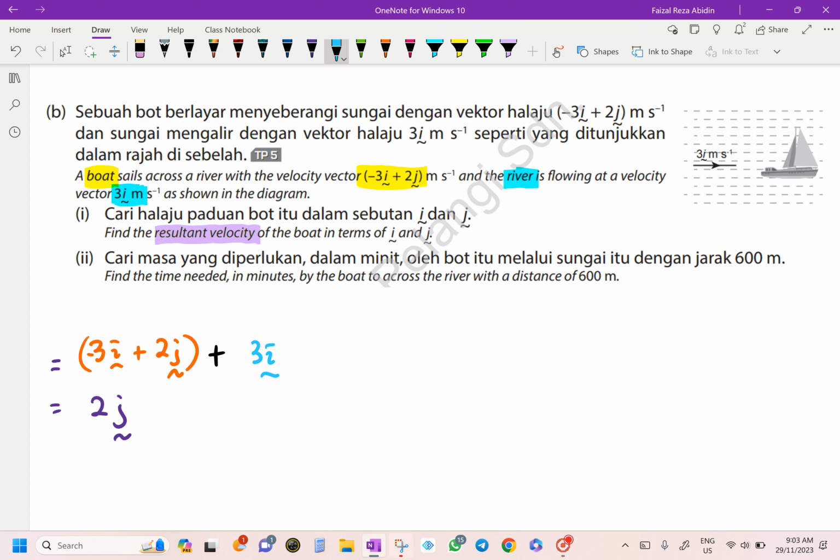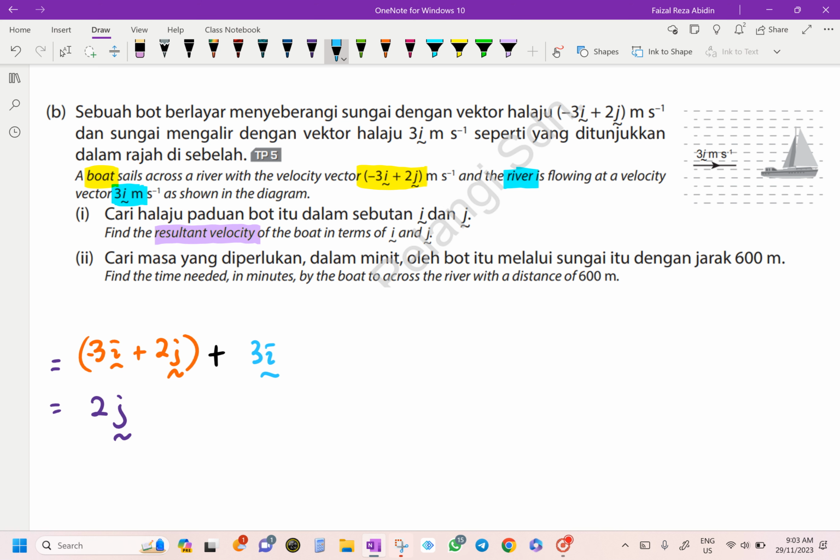Okay. Find the time needed in minutes by the boat to cross the river with a distance of 600 meter. It has given the distance. We have the velocity. So how are you going to find the time? Find the time needed in minutes.